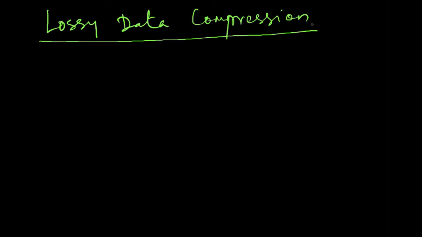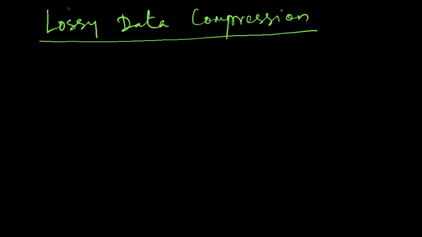And this is an example of lossy data compression, because once you have reduced the resolution of your image, it is usually not possible to go back. Although nowadays there are some techniques of converting low resolution images to high resolution images, generally it's a difficult process and it is not completely reversible, and that is what is called lossy data compression. And the K-means clustering algorithm is one of the ways in which lossy data compression can be done.